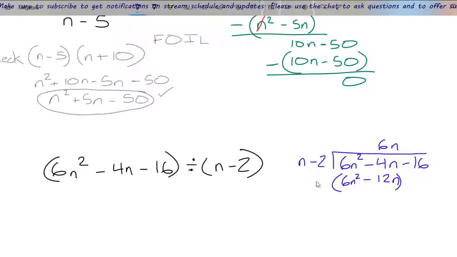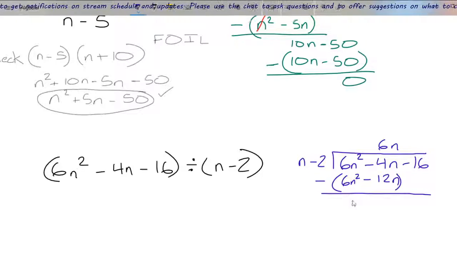We're going to take away. 6n squared minus 6n squared, 0. Negative 4n minus negative 12n, so negative 4n plus 12n will give us positive 8n minus 16. And then what do I need to multiply n by to get to 8n?